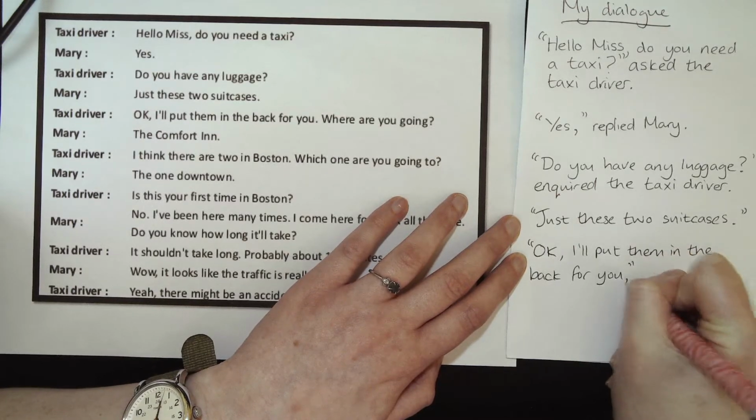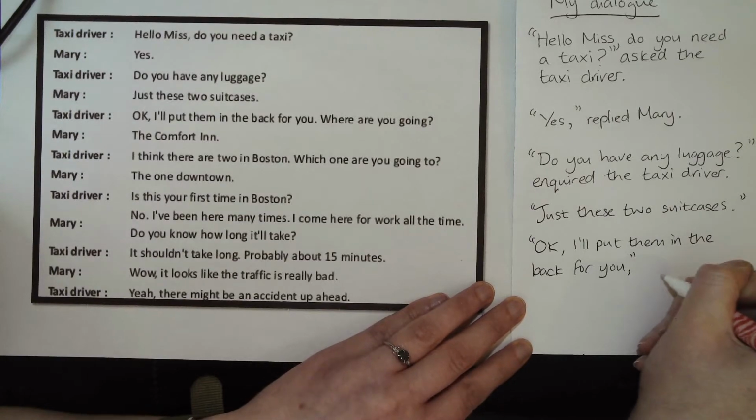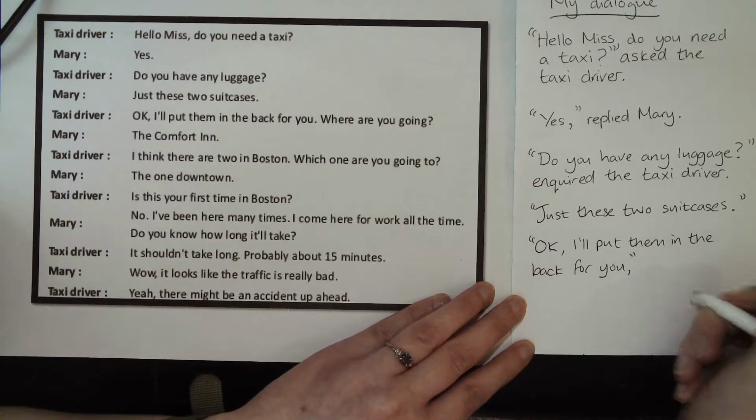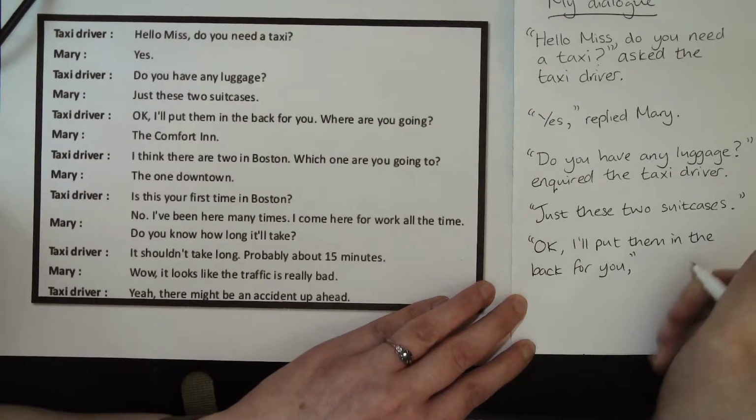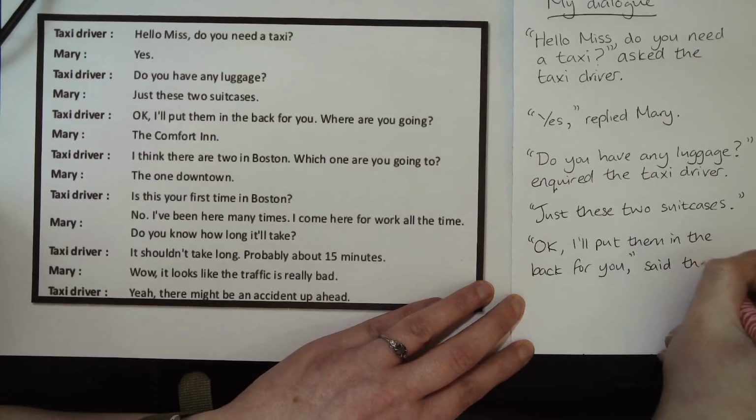And I'm actually going to put my talking verb here in the middle, just to mix things up a little bit, make it interesting for my reader. "Okay, I'll put them in the back for you," said the driver.